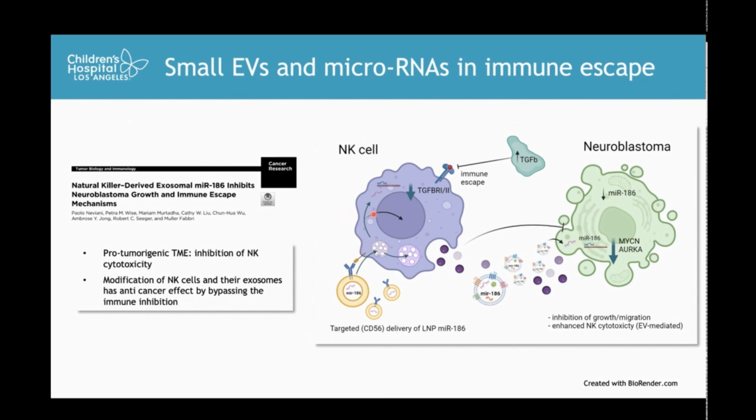On one side, MIR-186 would inhibit the expression of the TGF-beta receptors, rendering the NK cells immune to the TGF-beta, so they were not inhibited and their cytotoxicity could be enhanced. But we also found that MIR-186 was packaged into the NK exosomes, transferred to the neuroblastoma, delivered, and it could downregulate MYC and aurora kinase, resulting in inhibition of growth and migration.